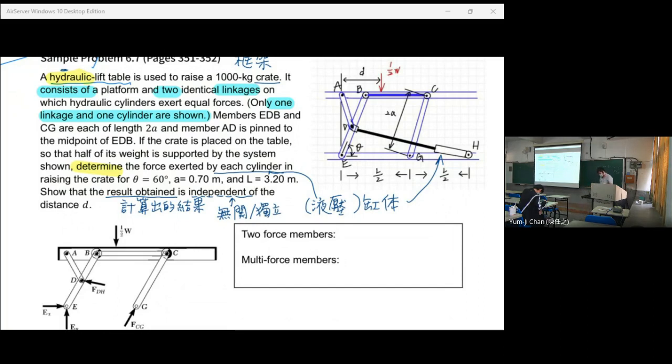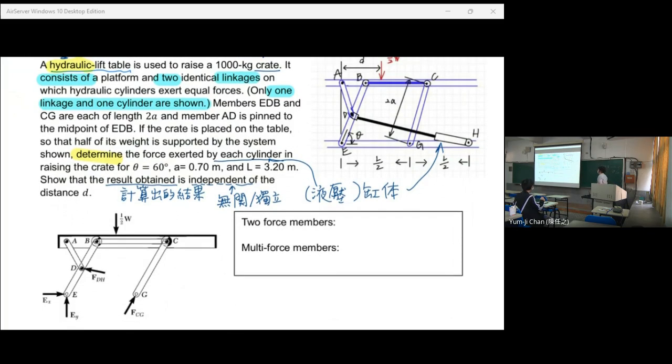Now, to begin with our calculations, we first need to list all the rigid bodies we have.